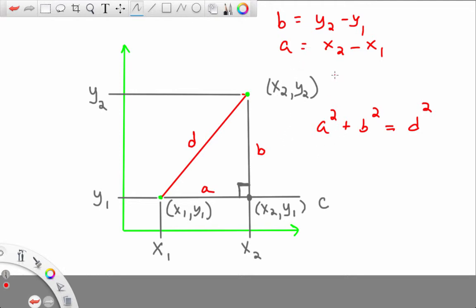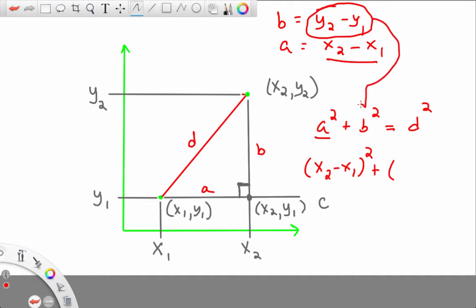Now let's use substitution here. A is x2 minus x1. So I'm going to substitute this in here. x2 minus x1 squared plus, and then I want to substitute this b term in here.